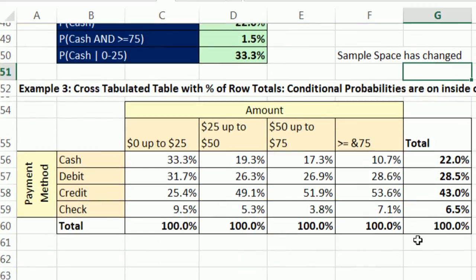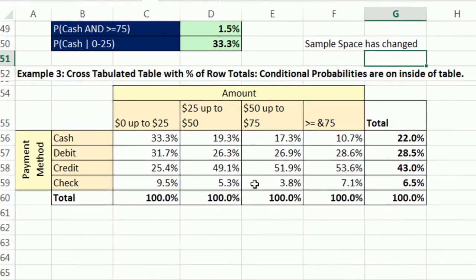Now, one last example for conditional probabilities. The textbook doesn't show this, but we did it in Chapter 2, cross-tabulated with percent of row totals. So each one of the numbers in this column is expressed as a percent of the grand total. When we get over to here, these percentages have nothing to do with that grand total.